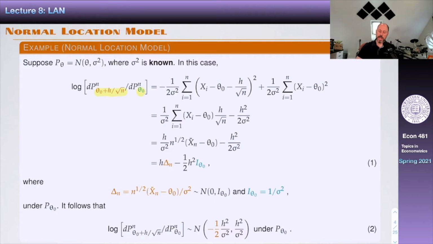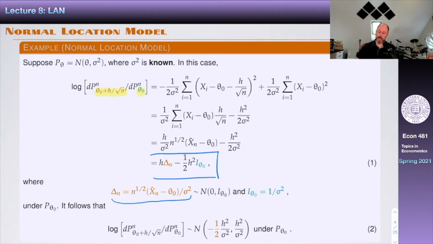And so in the end, we can write this log likelihood ratio in the Gaussian experiment like this, where lambda n is square root n times x bar minus theta naught, divided by sigma square. Notice that it's not divided by sigma, it is divided by sigma square.